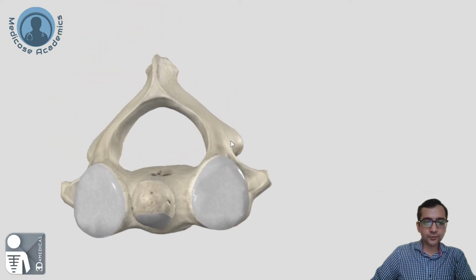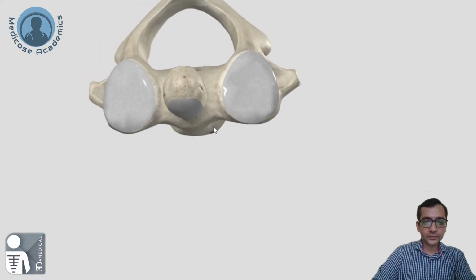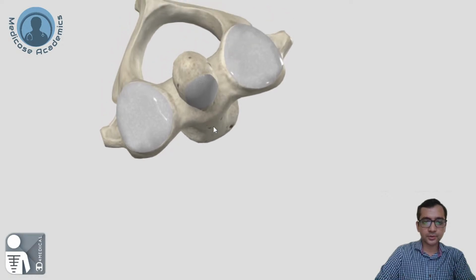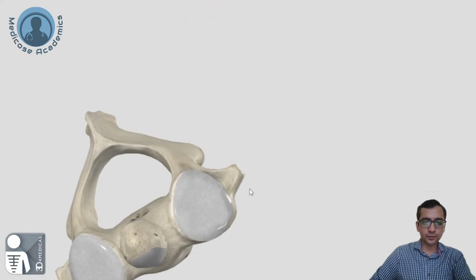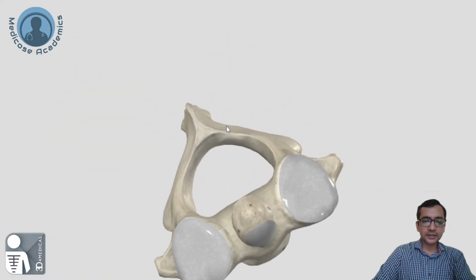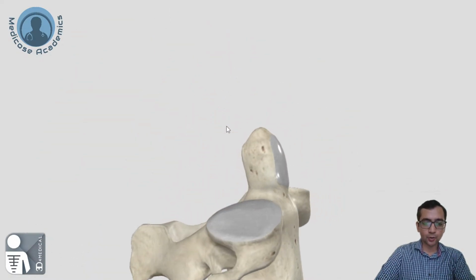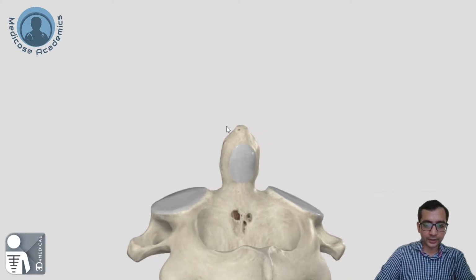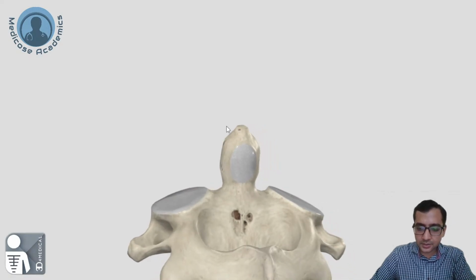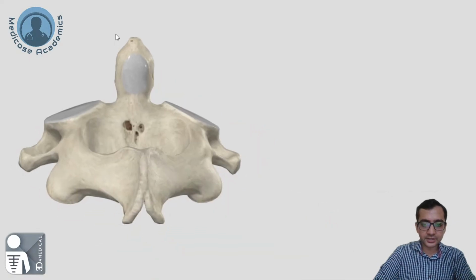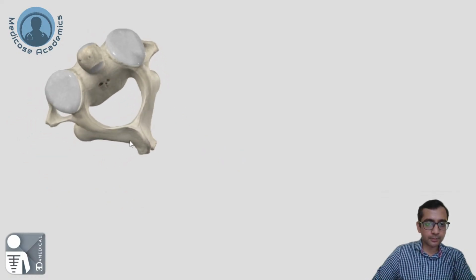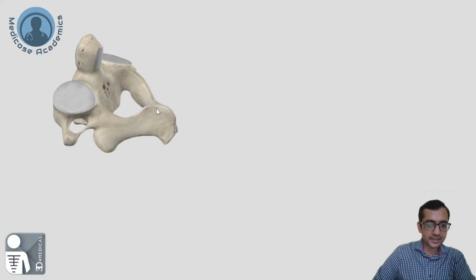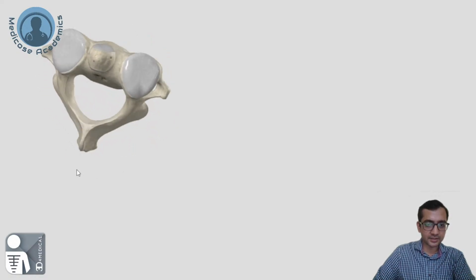The transverse process, let's try to look at it. I'm not able to get a very good look in the superior view. As you can see, the articular process is overhanging it. It is on the top of the foramen transversarium, so when we look at the top, we are not able to see it very clearly. If we look at the side, we are able to see the foramen transversarium.